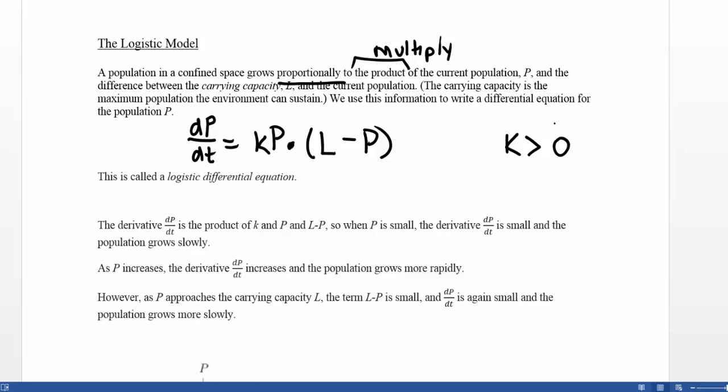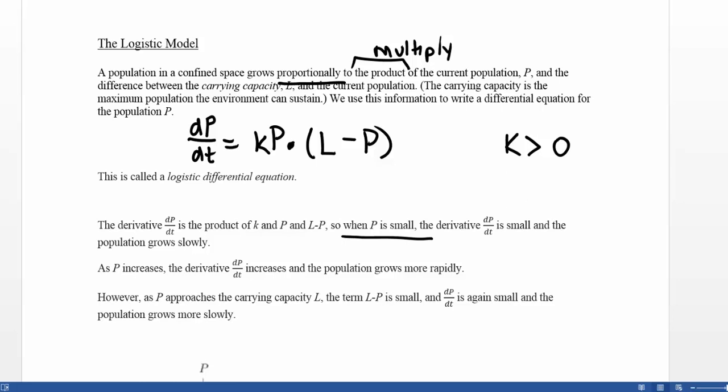So when we look at what's happening in this differential equation, I want you to notice that when P is small, the derivative is also going to be small. And that means that the population is growing slowly. So if P is small, that means we're multiplying a small number times k, which is going to be smaller, times (L minus P). So that's going to be sort of keeping things small.